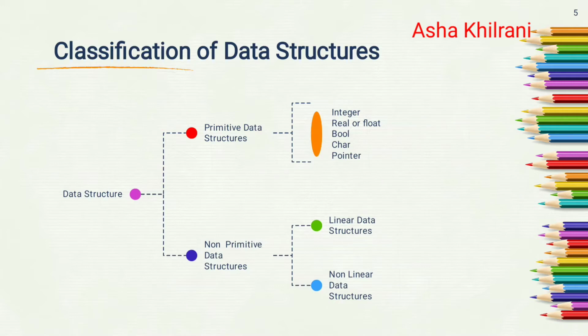As you can see, primitive data structures are the basic or built-in data types which are present in any programming language. When you learn any programming language, some data types are built-in or predefined. With the help of these data types, you can create a variable of that type. That means you create a computer memory in which you can store a single value of that type.